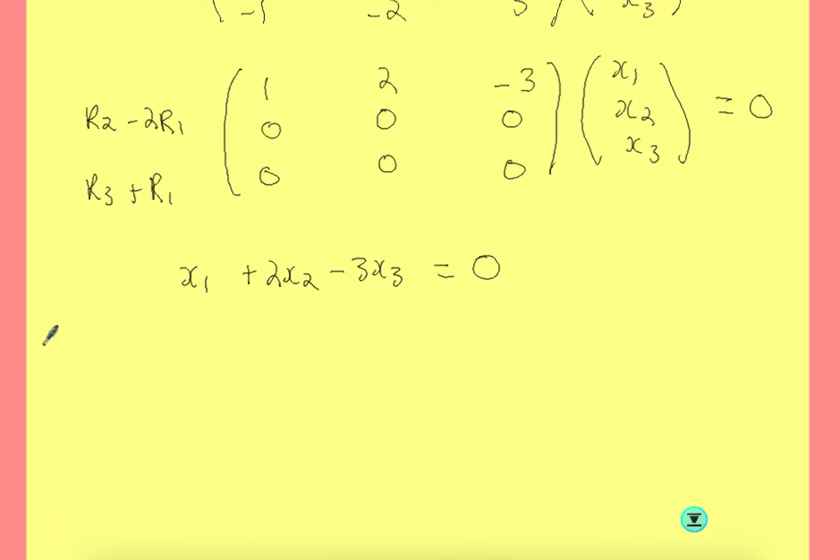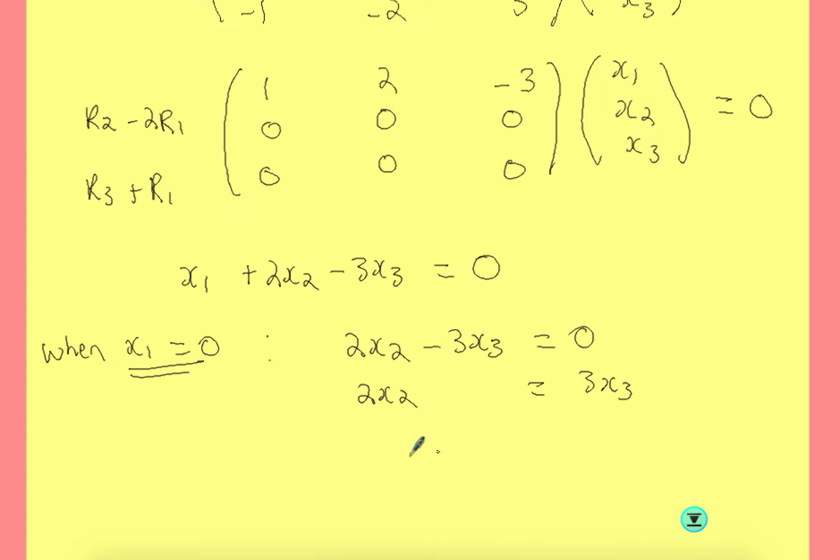So I'm just going to say when x1 equals 0, because you get freedom to choose any of the 3 variables to be equal to 0. So you would have 2x2 take away 3x3 is equal to 0. So 2x2 equals 3x3. So that means that x2 is 3 and x3 is 2.